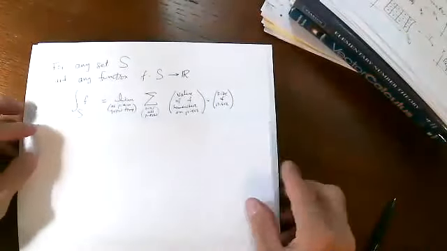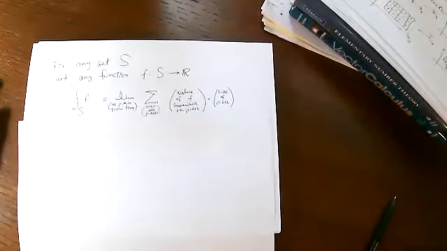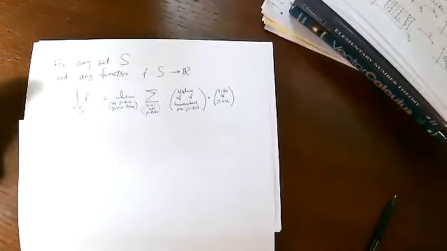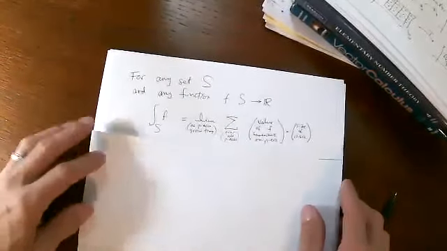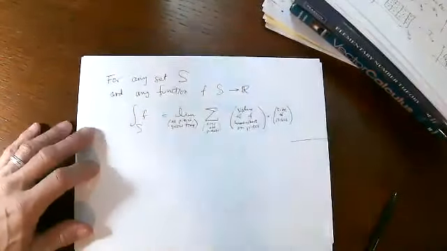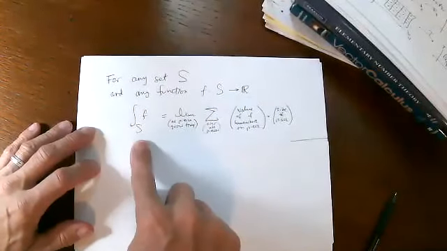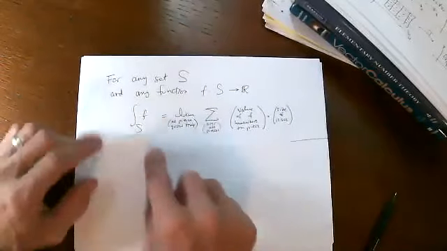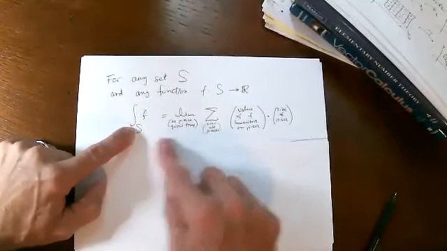So here's where we've been for a little while. We're discussing integrals, and every version of our integration problems has got the same framework. Somebody gives you a set and a function defined on the set, and they ask you to compute an integral, and it always means this. Somehow you have to split the set S up into little pieces.